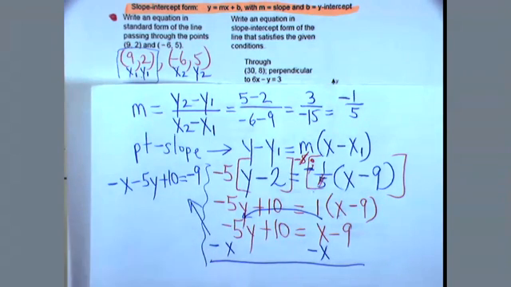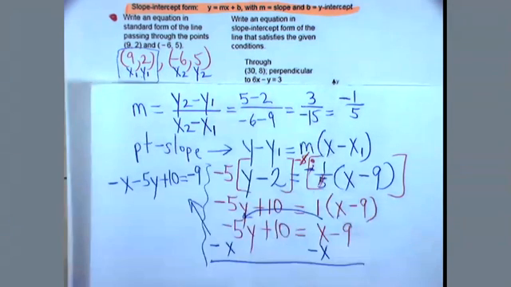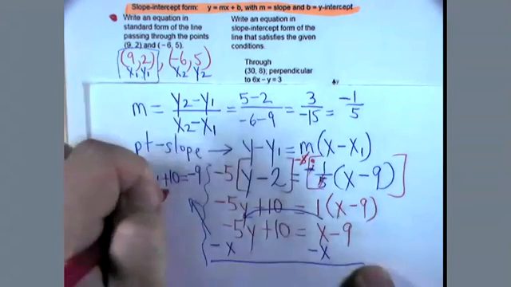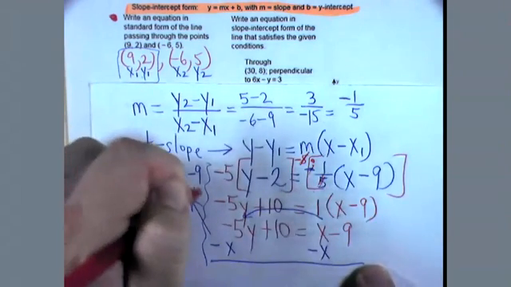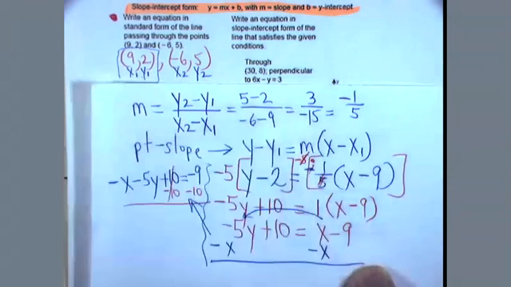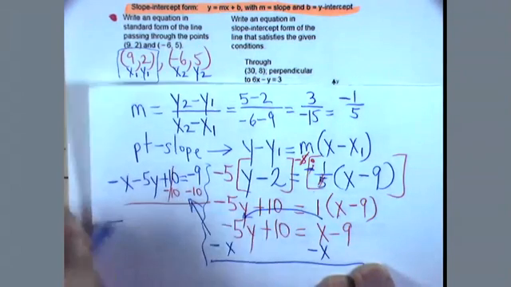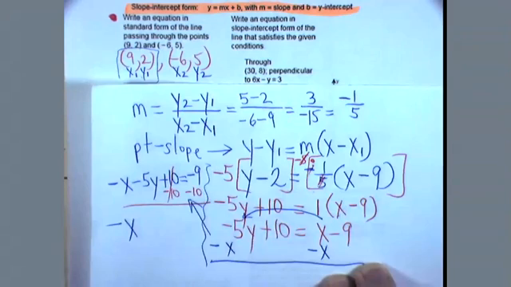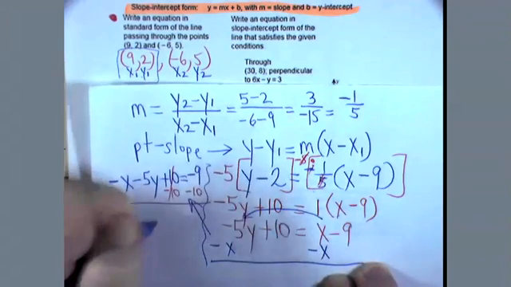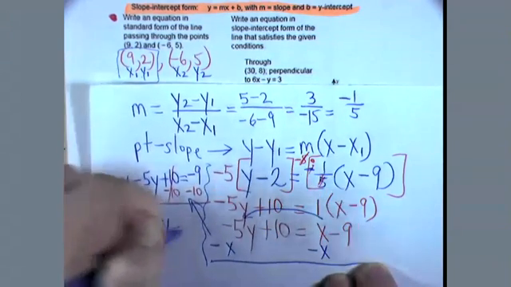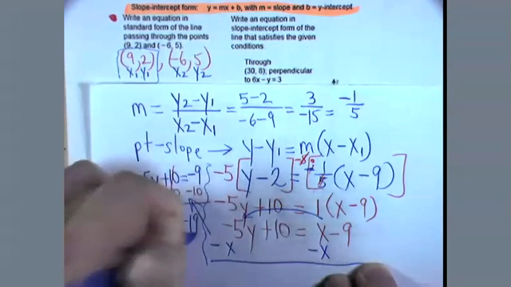Now it's almost in standard form. We already got x and y on the same side, but we need to get all the constants on the right hand side. So subtract 10 from both sides. So our final answer in standard form would be negative x, or just negative 1x, minus 5y equal to negative 19.